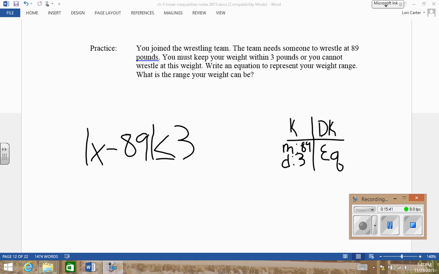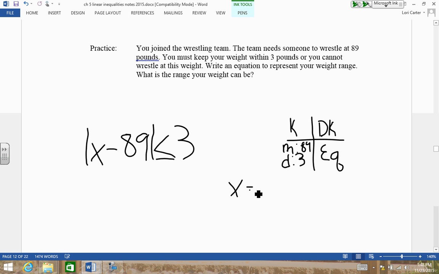Minus or a plus. What you do is you look at your middle. So your middle is equal to 89. There so far? So x equals 89. But what's the definition of absolute value? Distance from 0. So I have to make this equal 0.